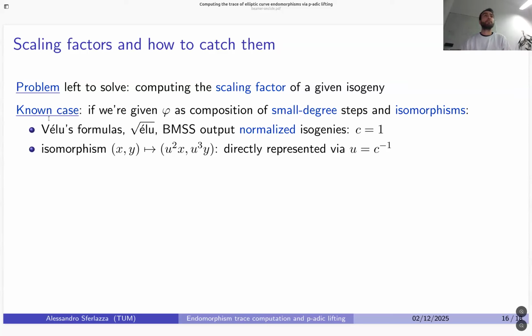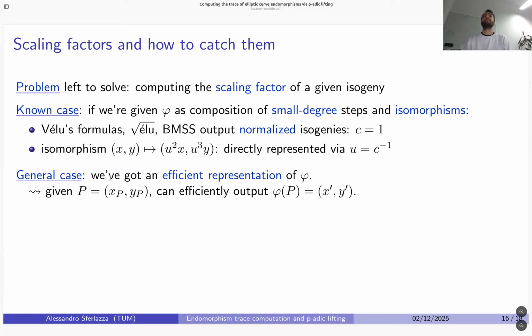In particular, Vélu's formulas give us isogenies that are even normalized. That is, the scaling factor is always 1. No need to worry about that. And the scaling factors of isomorphisms can be read off the isomorphism itself. So whenever we've got a composition of those things, we know how to retrieve a scaling factor. But in general, how to do that?